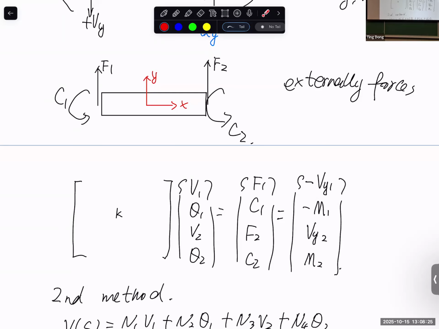Here, I didn't get why this part is included. Since we only have V2 and theta 2. Yes, you can skip these 4 components. You're correct. It doesn't matter because if you multiply by 0, it is 0. So you don't need those components. Any other question?